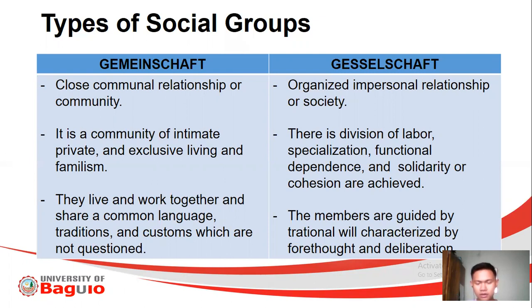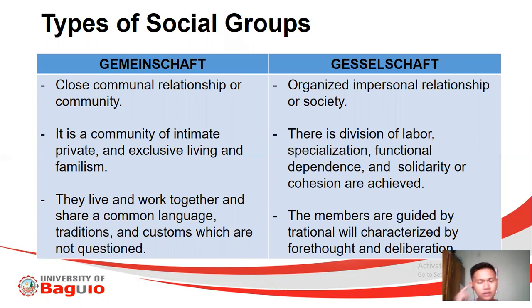Lahat ng members ng Gemeinschaft natin agree and they are following the rules and regulations being practiced by the certain social group which is Gemeinschaft. Mamaya, I'll be giving an example in order for us to differentiate the Gemeinschaft and then Gesellschaft.